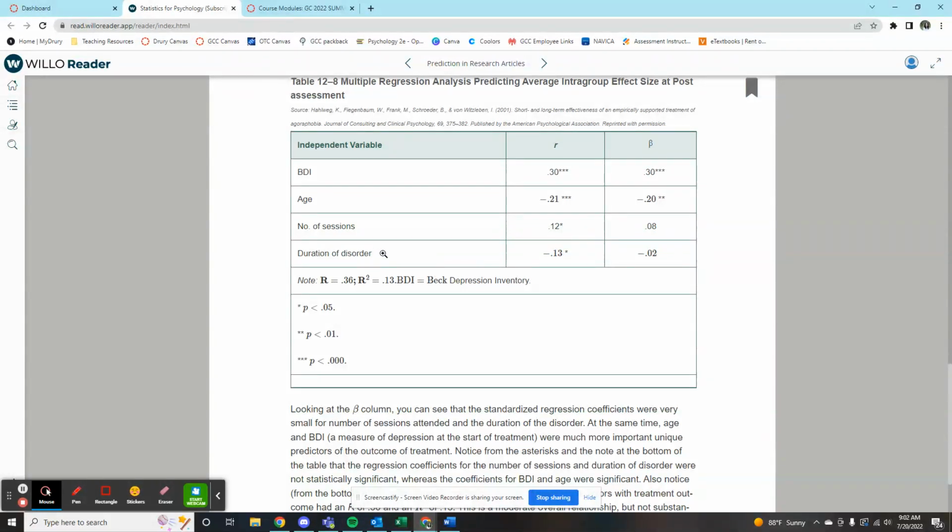And for every 1 standard deviation change in duration of disorder, we're going to have a negative 0.02 standard deviation decrease in treatment efficacy. So you can understand why these two are not statistically significant. I mean, that's common sense. That is a very small change in the standard deviations.